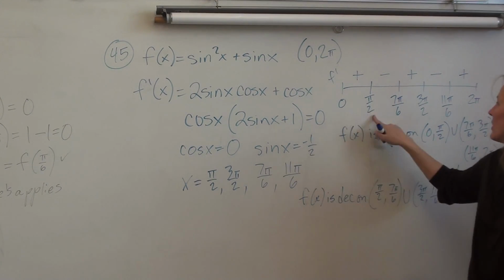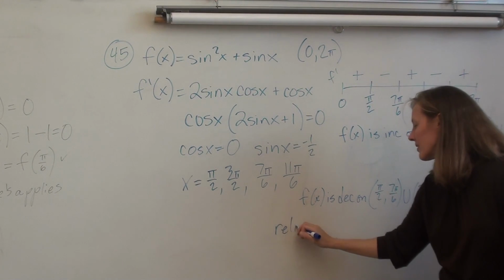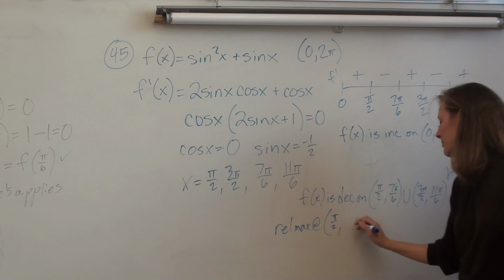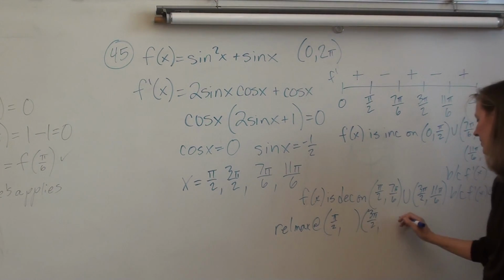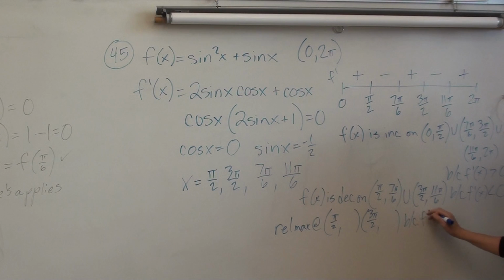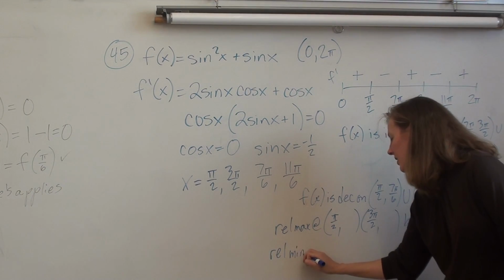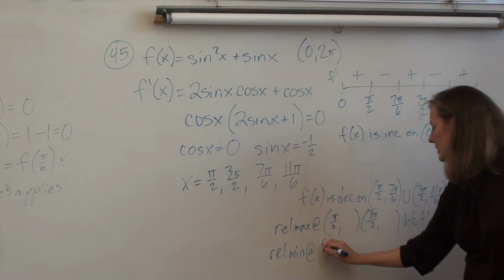And then we have relative max at pi halves and 3 pi halves, because f prime changes from positive to negative. And we have relative mins at 7 pi over 6 and 11 pi over 6.